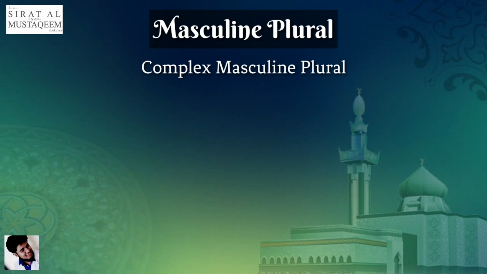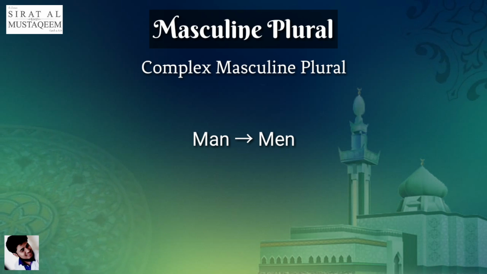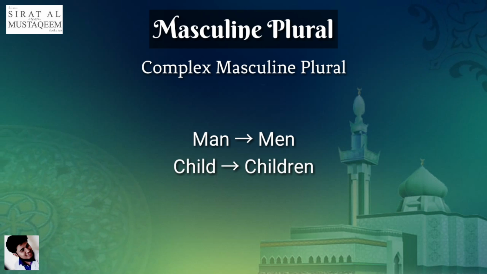But there are certain words like man, men. You didn't add s at the end. It's a completely different kind of rule: you replace a middle letter with something. Man, men. Child, children. You are not adding s, you are not removing something from in between, you are just adding ren at the end. It isn't following any fixed rule.